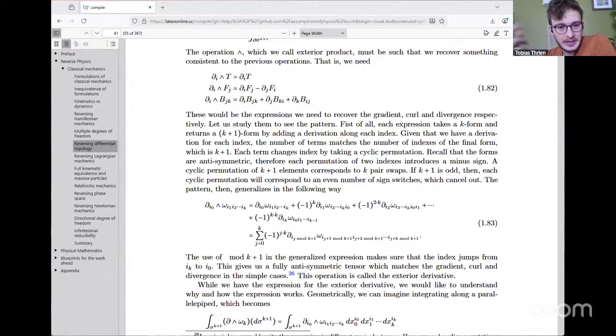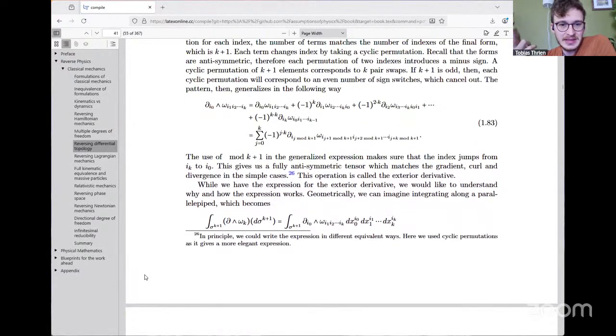But the use of mod k plus 1 in the generalized expression makes sure that the index jumps from ik to i0, so we don't get an index out of bounds error. This gives us a fully antisymmetric tensor which matches the gradient, curl, and divergence in the simple cases.